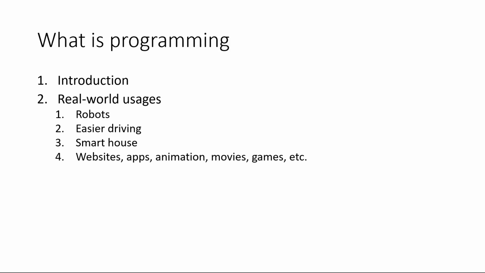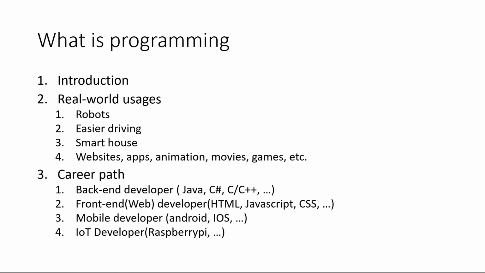Okay, now let's talk about career paths. The options you have once you learn how to program are becoming a backend developer, front-end developer, mobile developer, or IoT developer. A backend developer writes programs that will run on the servers. So if you choose to become a front-end developer, let's see what front-end means.